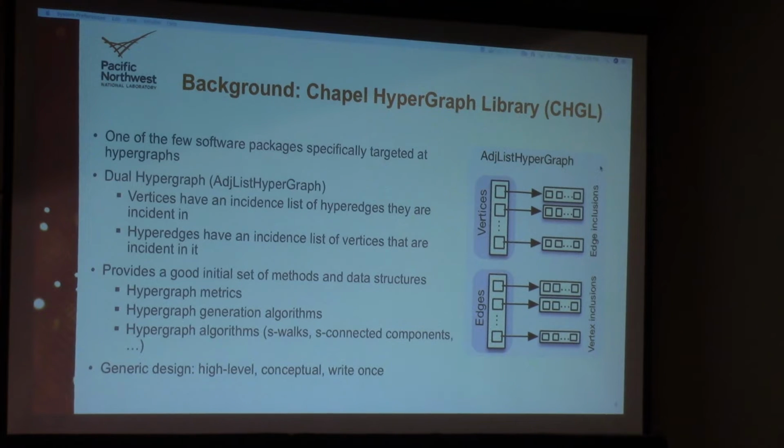So vertices have the set of hyperedges that they are incident in, and hyperedges have the set of vertices that are incident in it. And we also provide some hypergraph metrics, some hypergraph generation algorithms such as Chung-Lu, Erdos-Renyi, block two-level Erdos-Renyi. We have algorithms like s-metrics, s-connected components, s-breadth first searches, et cetera. It's also meant to be generic and very high level.